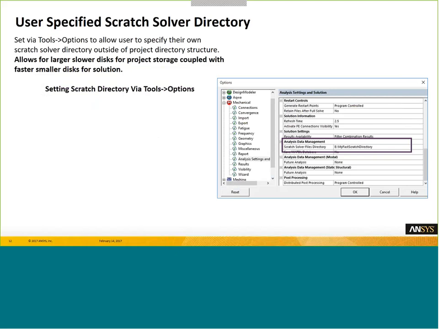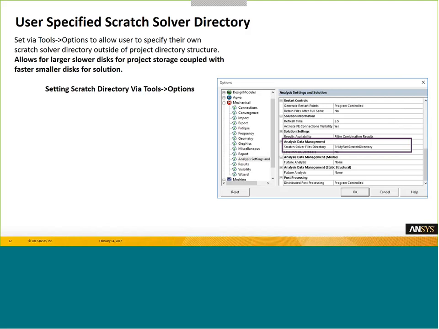And if you've got a solid-state disk, that's much faster than a standard disk. So you can specify that scratch directory manually, and then when the solver runs, it will make use of that extra speed boost you've got available to you there. That's available in Tools and Options in Mechanical. So it could be quite useful for speeding up and making more use of the hardware that you have at your disposal.